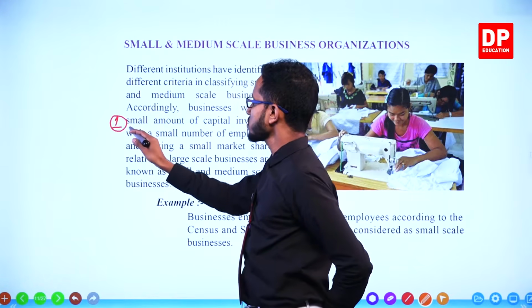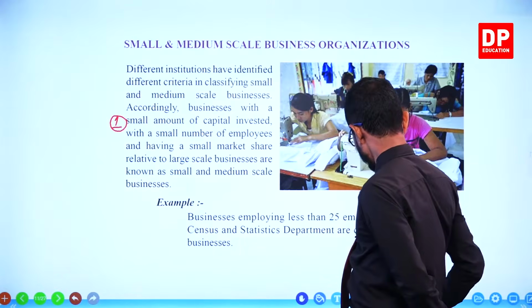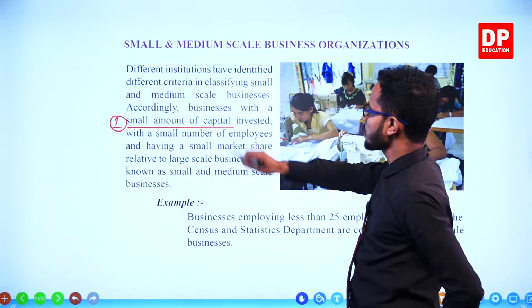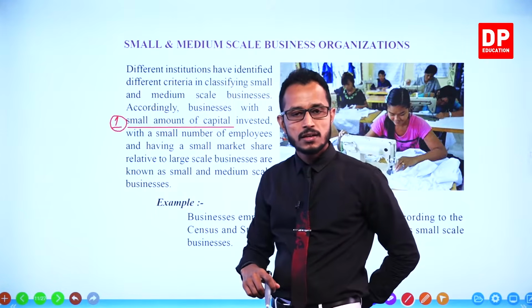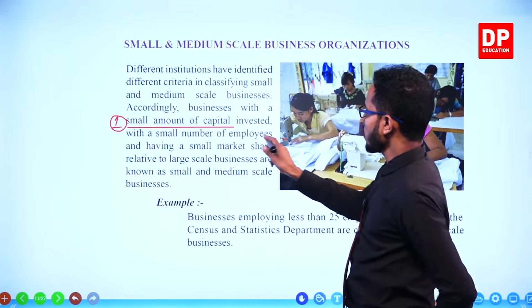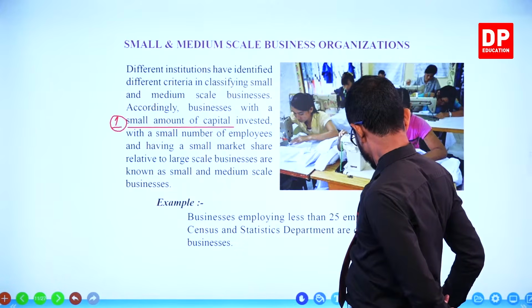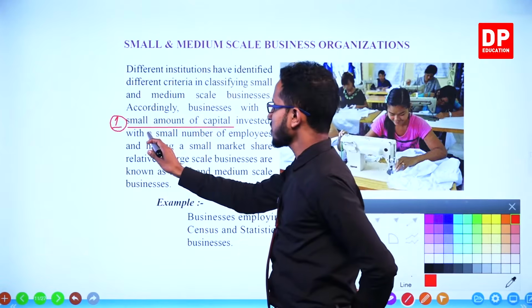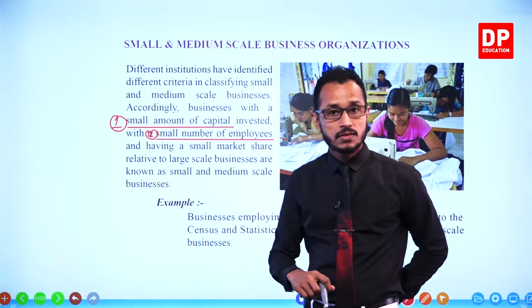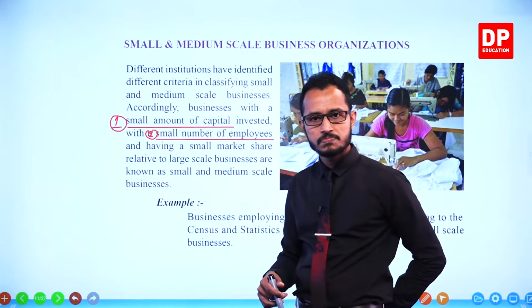We already talked about this. So the amount of capital is the first criteria. Second, with a small number of employees. Again, this is the second. You can consider the number of employees.